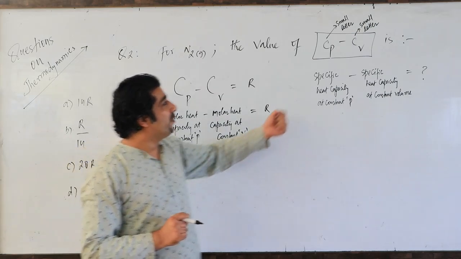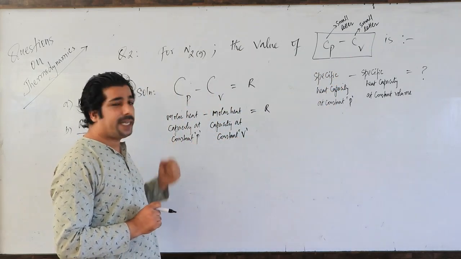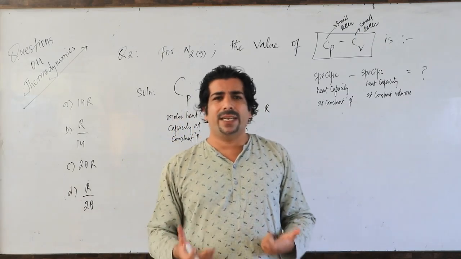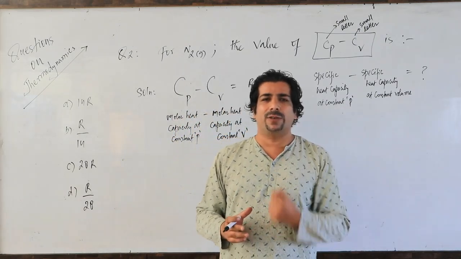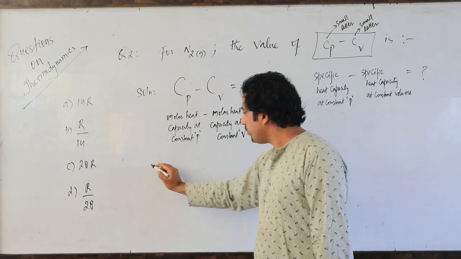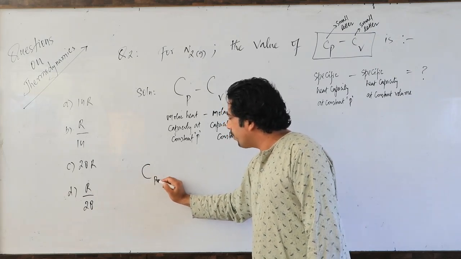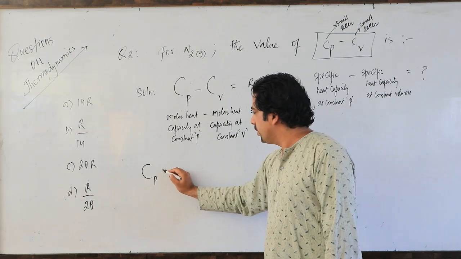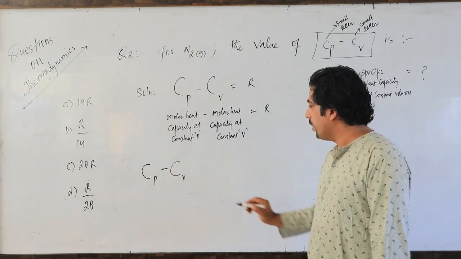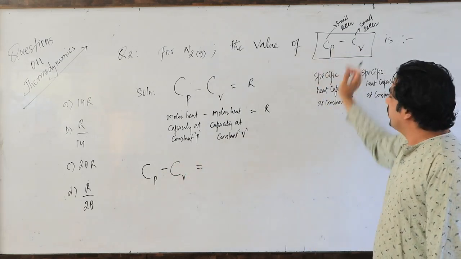But first of all, we'll find out the relationship between specific heat capacity and the molar heat capacity. We have to find out the relationship first. In your NCERT that relationship is not given, but let's write it down. Please remember this relation. We know that this is the molar heat capacity at constant pressure minus molar heat capacity at constant volume. How is it related to this particular thing?